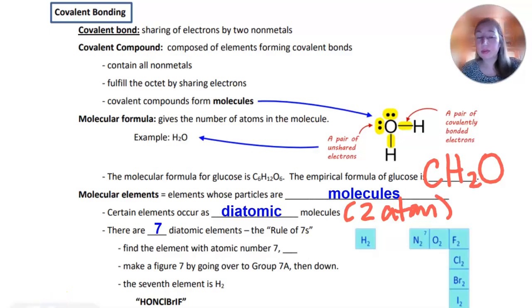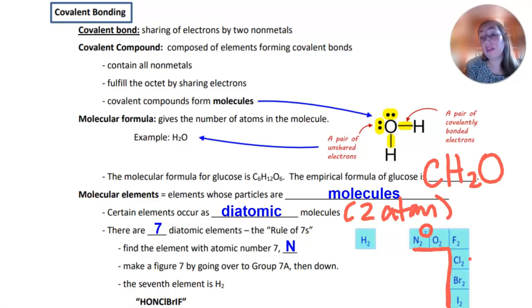Some people call it the rule of 7s. We find the element with atomic number 7, so we find nitrogen on the periodic table. Find nitrogen, and then make this figure 7 by going through nitrogen, oxygen, fluorine, chlorine, bromine, and iodine.